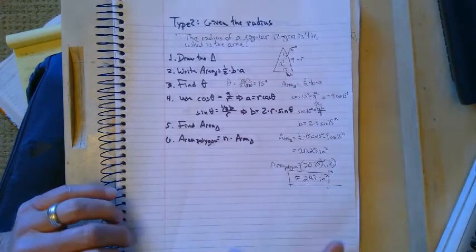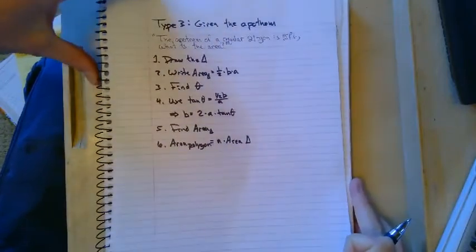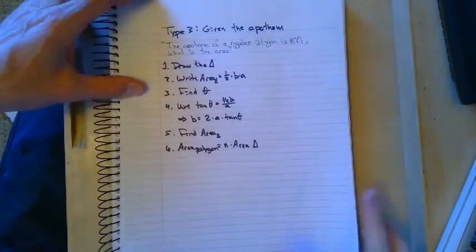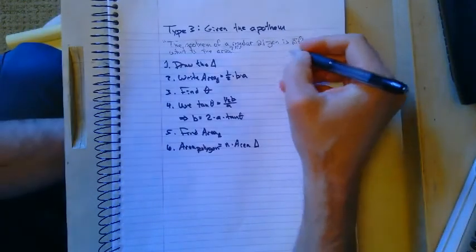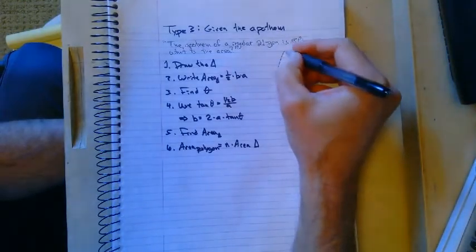All right, and then the last one, I'm going to call type 3, is if I am given the apothem. So the apothem of a regular 21-gon is 18 feet. What is the area? Draw my triangle.